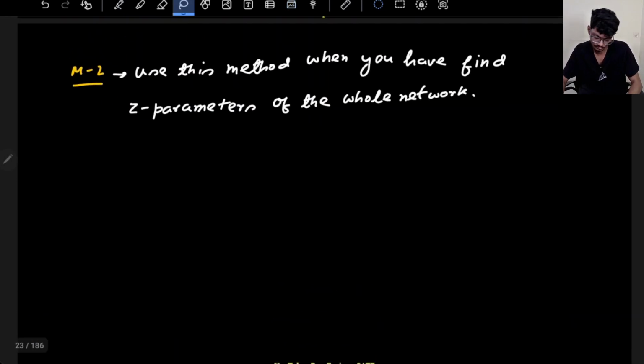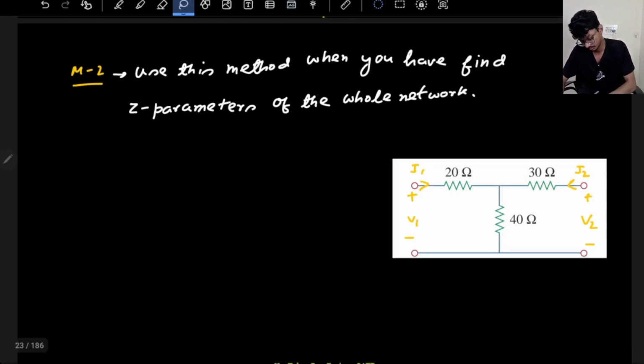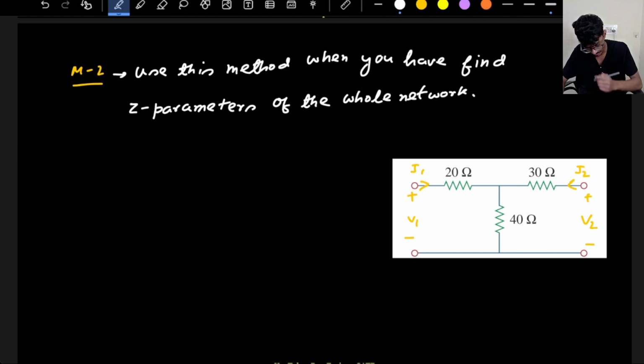Here, what I will do is I can write a KVL in this loop, and I can write a second KVL. So what is the current through this loop? This is I1 current, this is I2 current. So this current will be I1 plus I2.